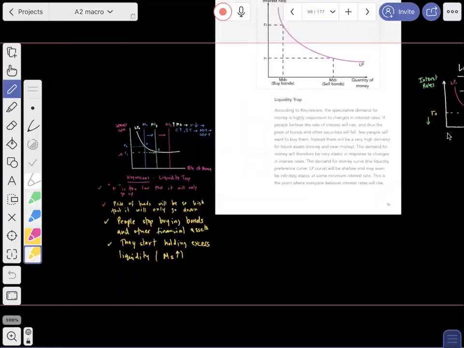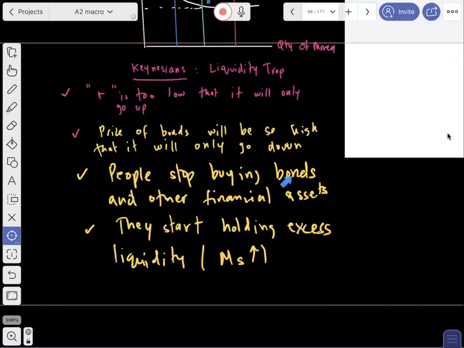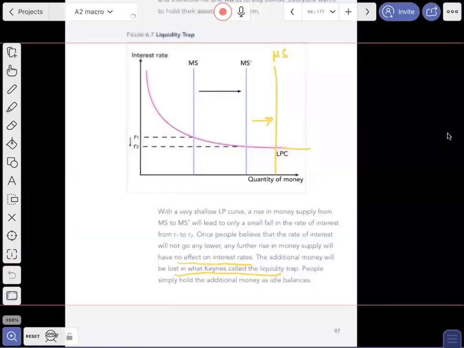What I wrote here is this: people stop buying bonds and other financial assets, they start holding excess liquidity. So whenever money supply goes up, this is exactly what I'm trying to explain, Mariam.